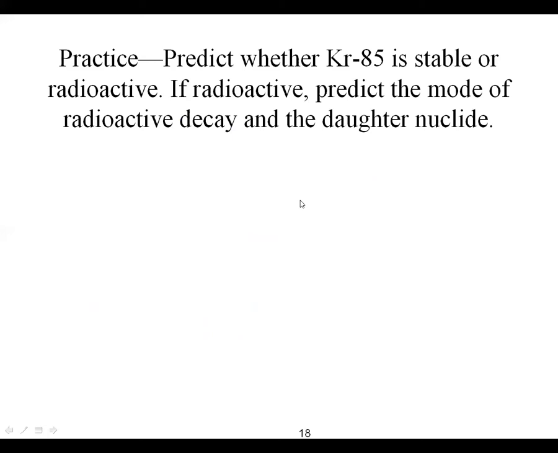So that's why on the last one we took 22 for the mass number and 11 for the atomic number. So that gave us 11 for neutrons. All right, so take a moment here and see what you come up with for our krypton 85.